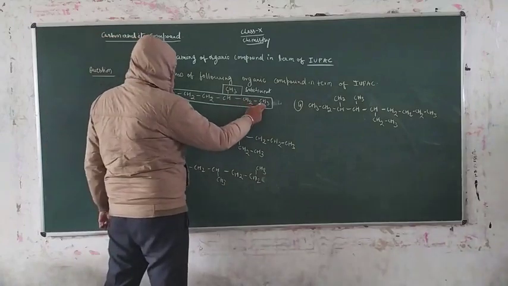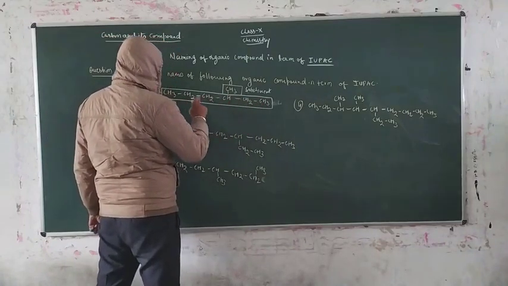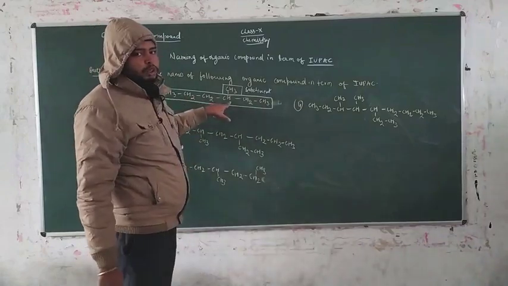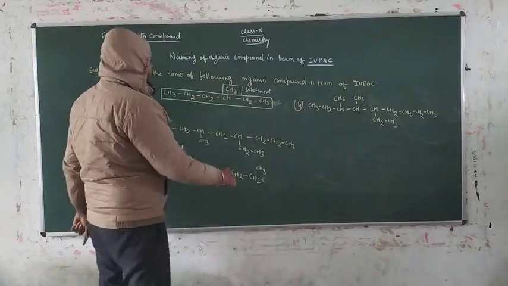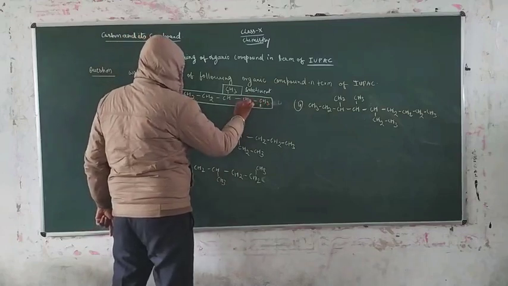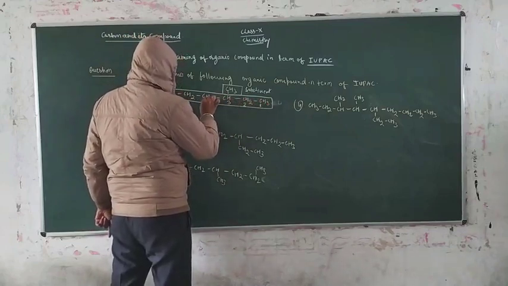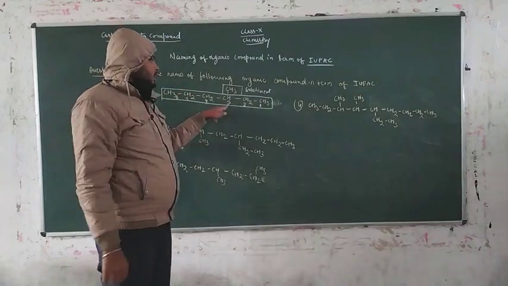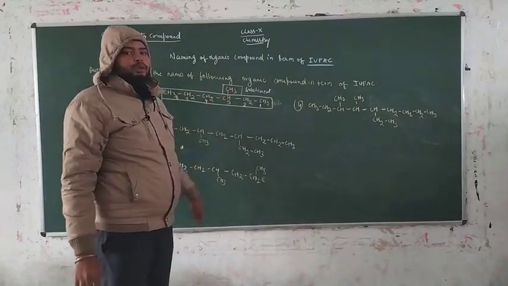From right to left, 1, 2, 3, 4, 5, 6, the substituent comes at position 3. That means the 3rd carbon contains a substituent.